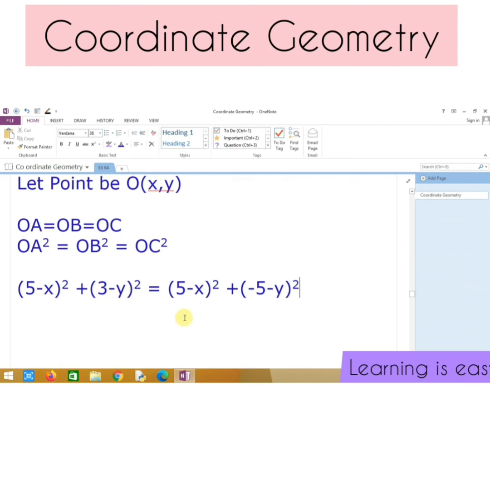So we'll take these two first. (5 minus x) whole square goes off on both the LHS and RHS. So only the y terms are there.